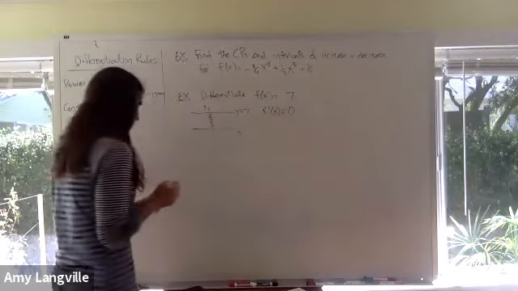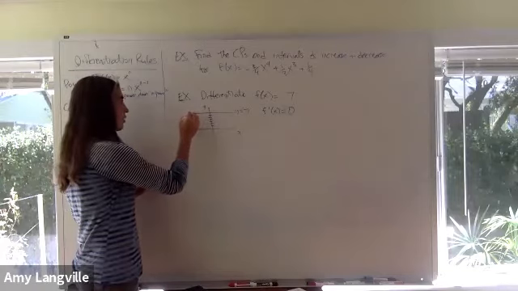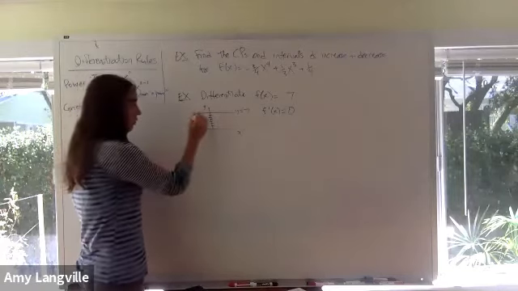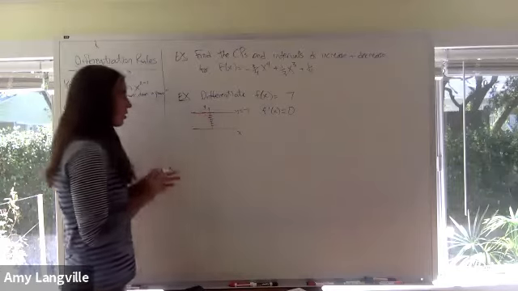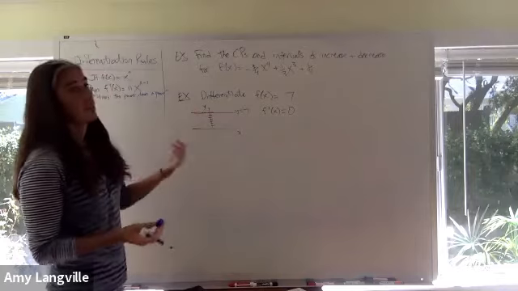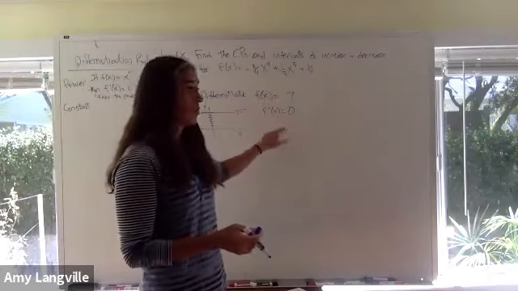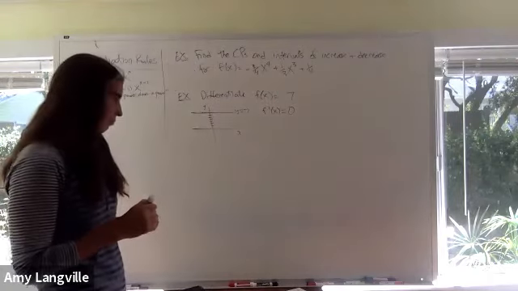But let's see why this makes sense. At any point, if I stop and draw a tangent line, the tangent line is the line, like the little linelet that I would draw if I zoom in and zoom in. And every single time, they have slopes of 0 because the line itself is a horizontal line. So anytime you have a constant and you want to take the derivative, you get 0. That's going to be a really easy rule for us.